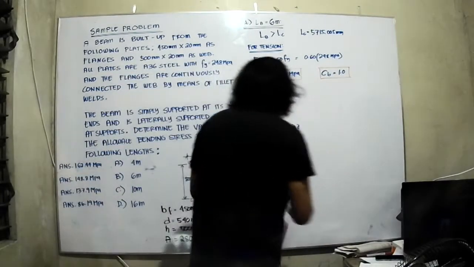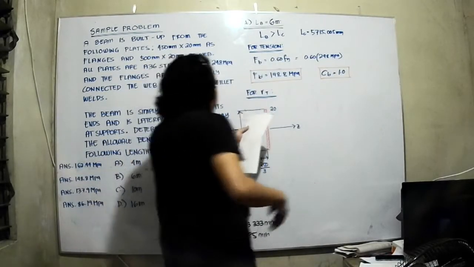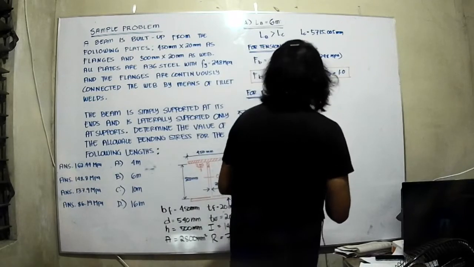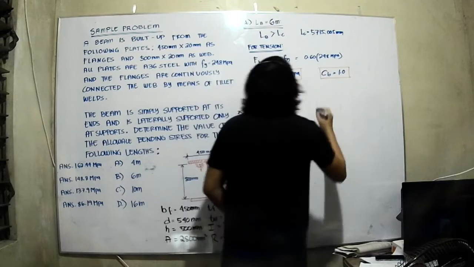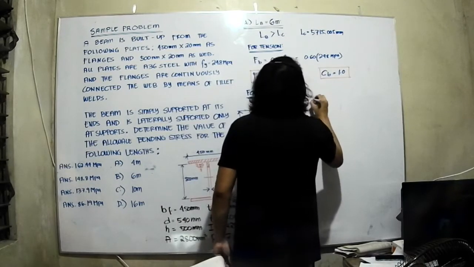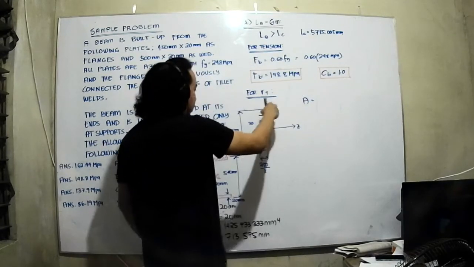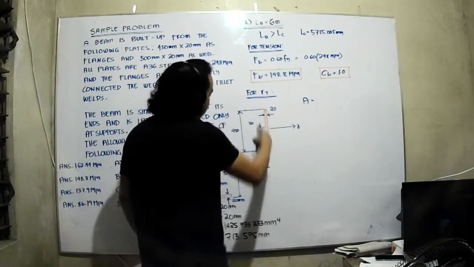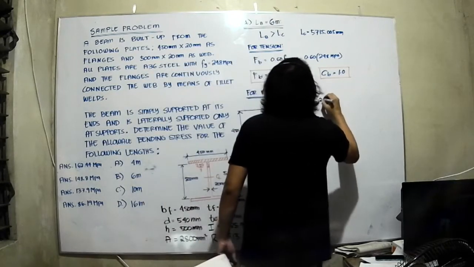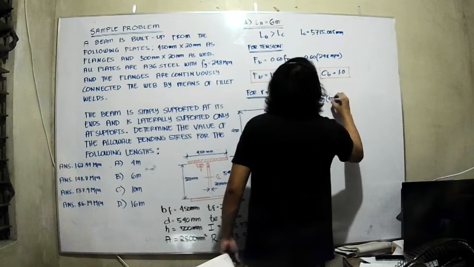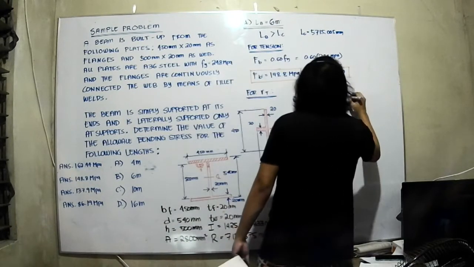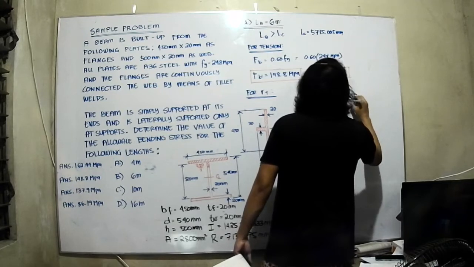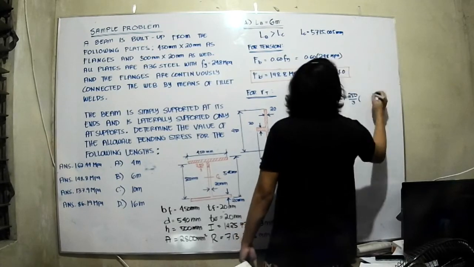Now, in this case, we solve for A. Solving for A, that should be equal to 20 times 450 plus 250 over 3 times 20.